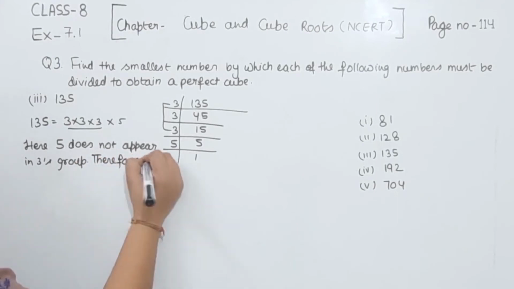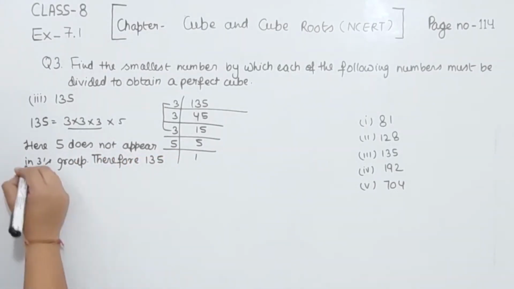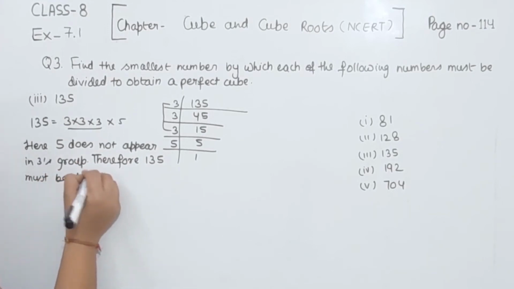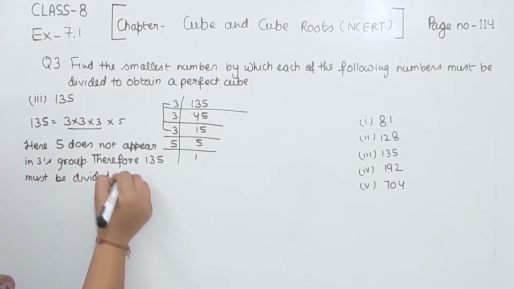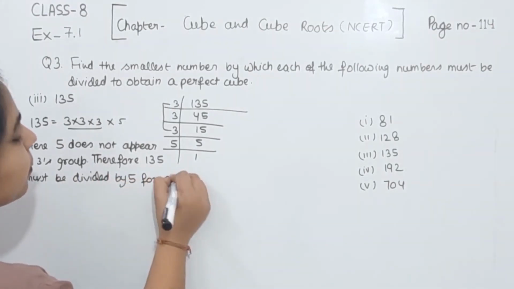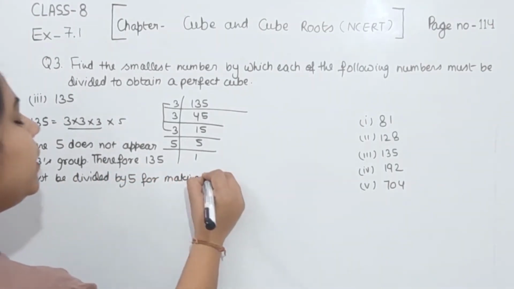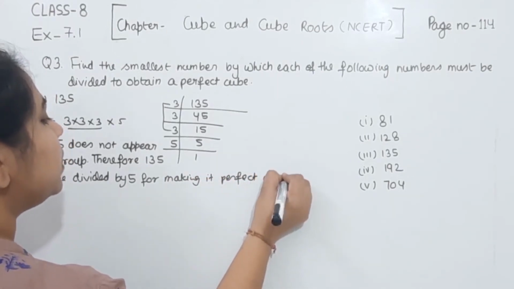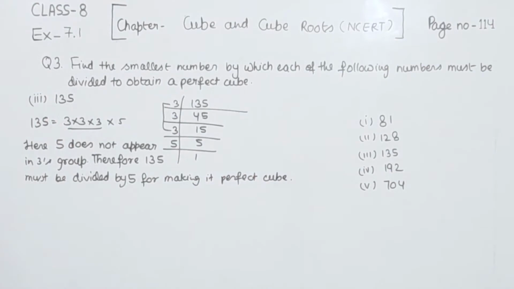Therefore 135 must be divided by 5 for making it a perfect cube. This is part 3 we have.